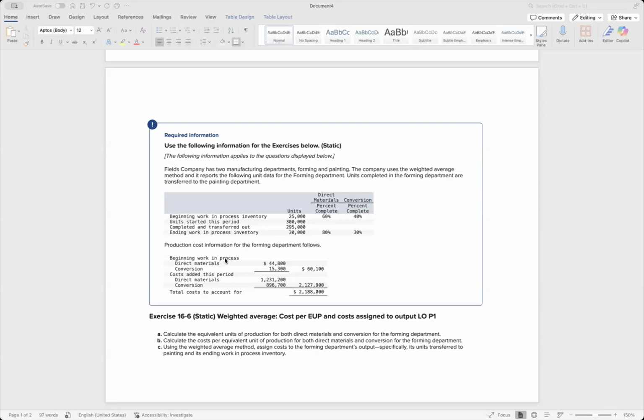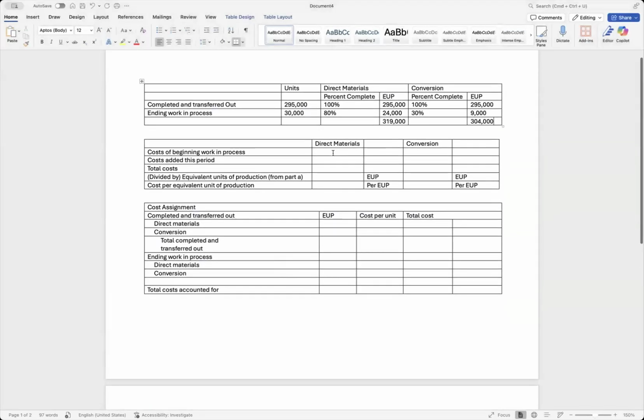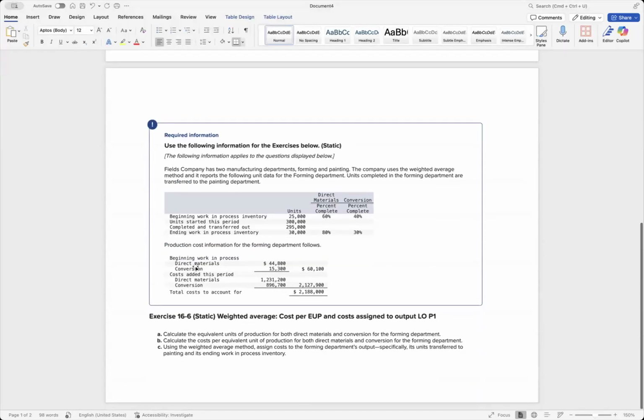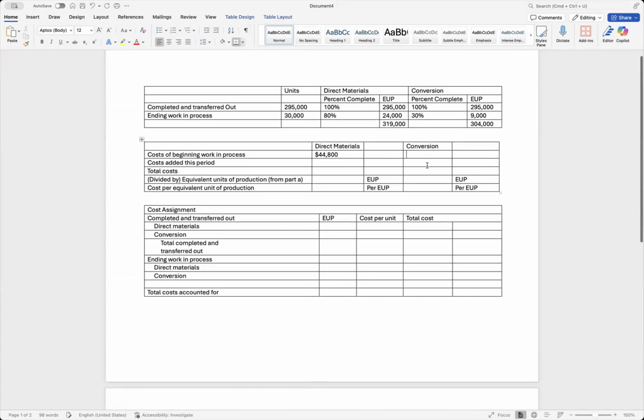Beginning work in process, my direct materials is 44,800. So I'm going to put that here. And for my conversion it was 15,300. I'm going to put that here. So these numbers are given to me in the question.